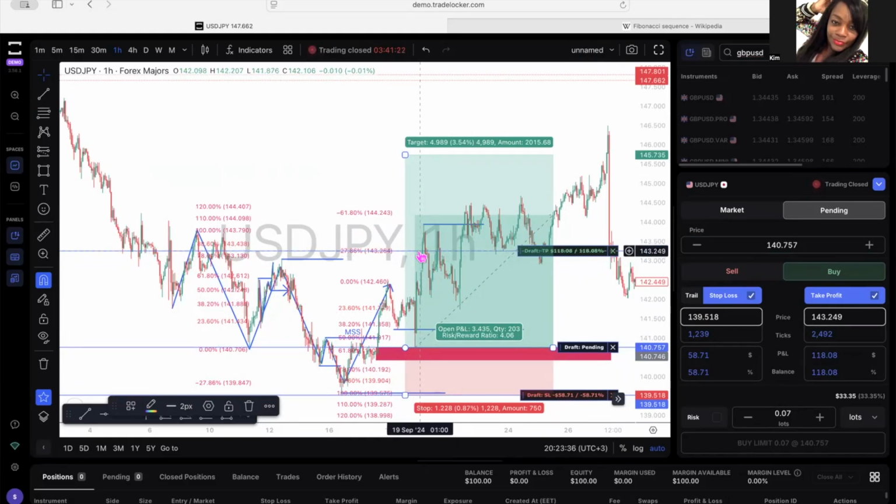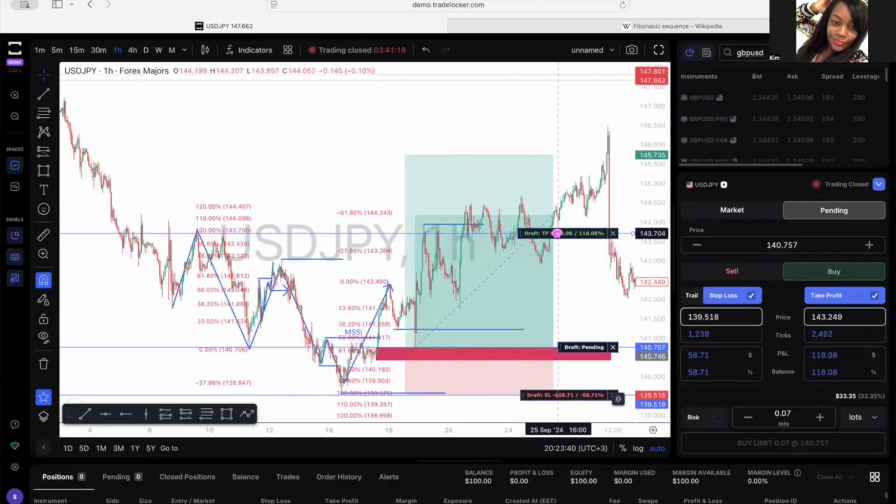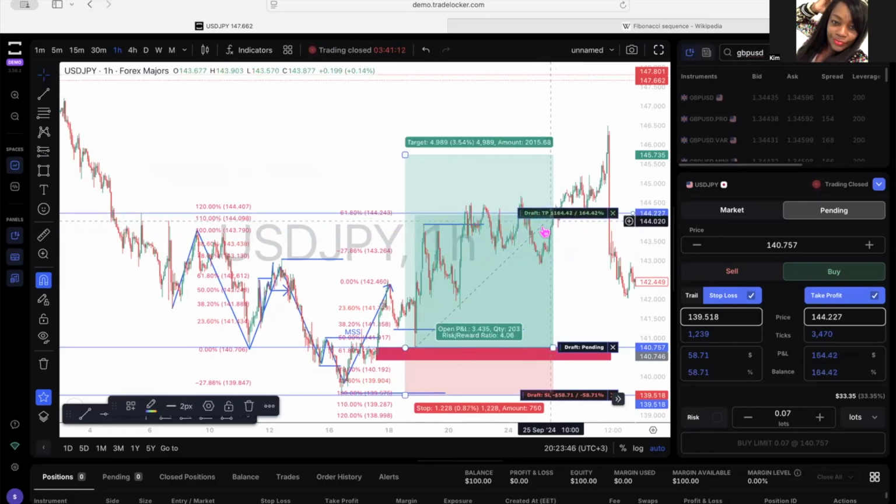You have gained $118. If you decided you wanted to take a chance to go to the negative 618, then you have gained 164 pips. Sorry, $164.